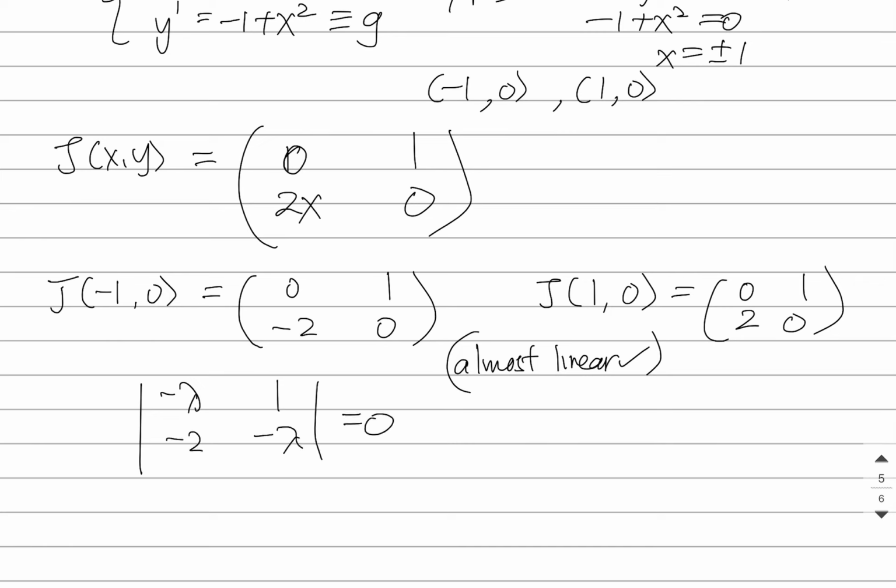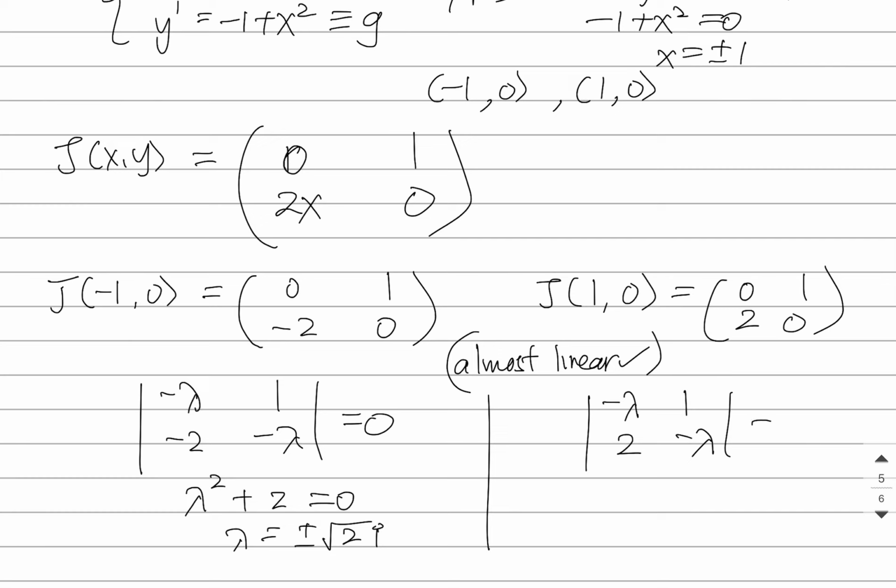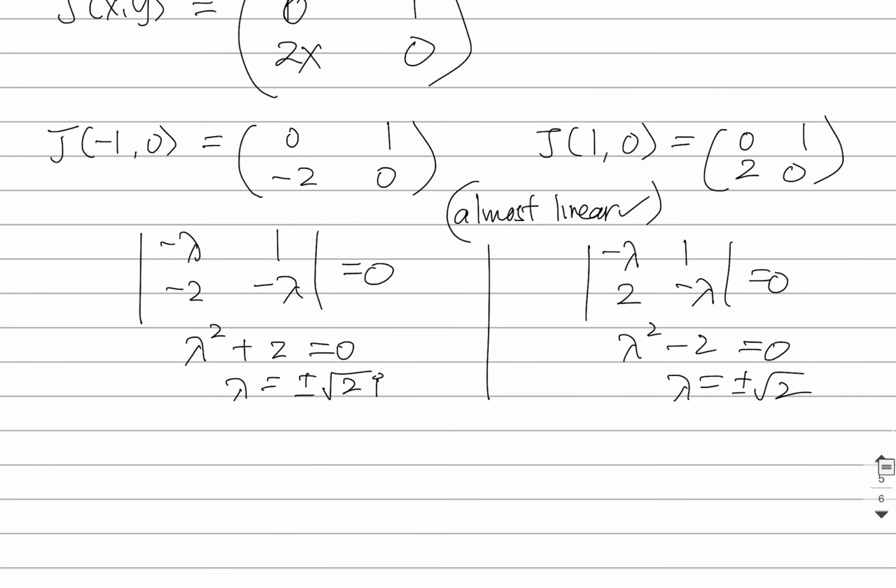We'll get lambda squared plus 2 is 0, so lambda will be plus or minus root 2i. And over here, we'll get negative lambda, 1, 2, negative lambda, is 0. Lambda squared minus 2 is 0. We'll get lambda is plus or minus root 2. So we'll get a saddle at the point 1, 0. And we'll get a center at the point negative 1, 0.